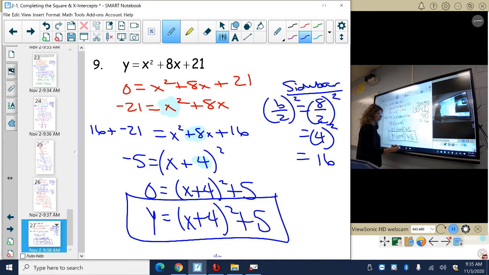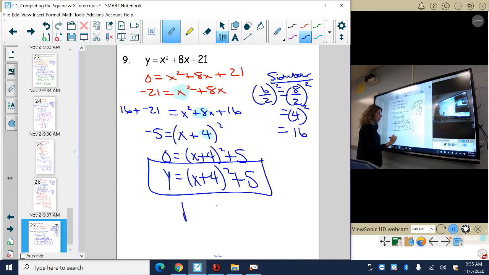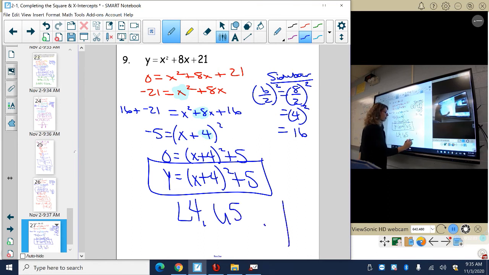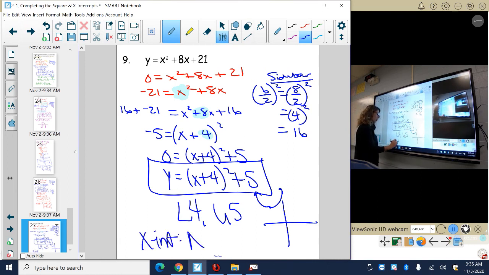This thing is going to the left 4 units and up 5. Left 4, up 5, opening up. Will it ever cross the x-axis? The answer is no. So I have no x-intercepts. And that is how you do that worksheet.